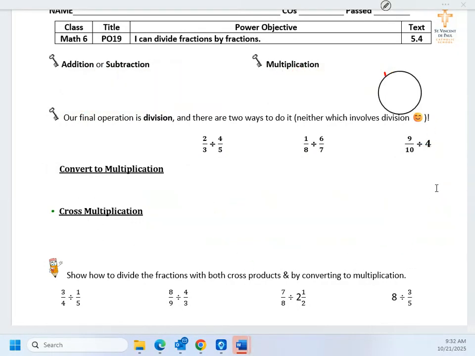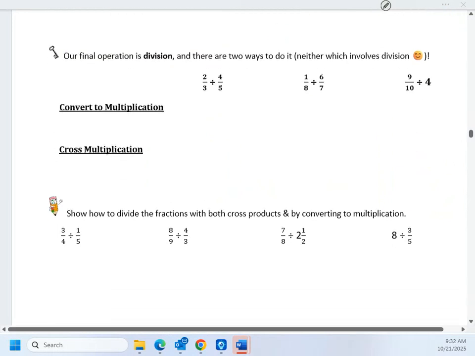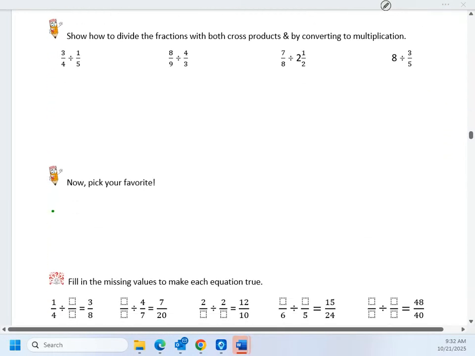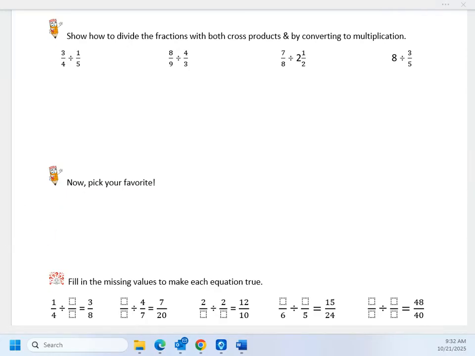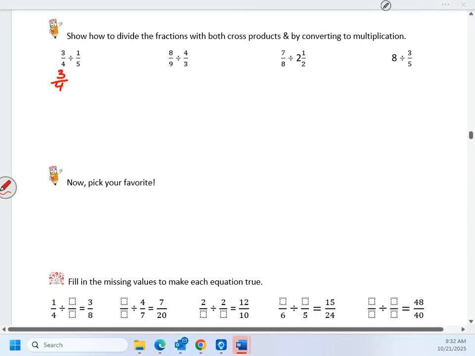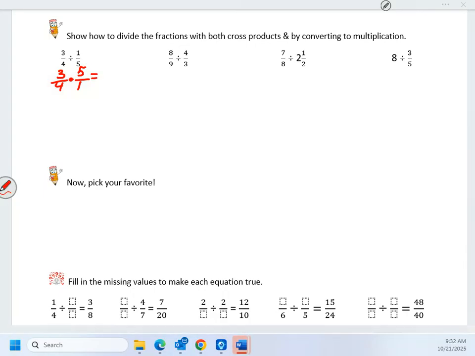For the first section, it says show how to divide the fractions with both methods. So we're going to choose both methods to do this. So I would do 3/4 times 5/1, multiply across, and I get 15/4.